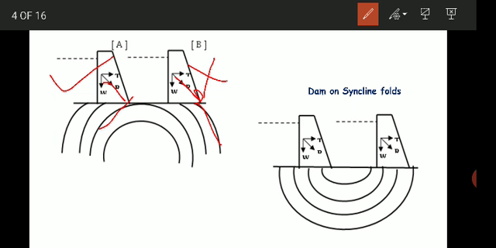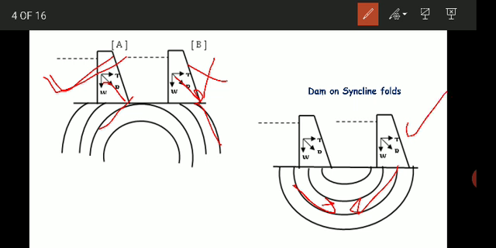Then if you see the dam on syncline fold, a syncline is like a basin. The two limbs of the fold dip towards each other. So if the dam is to be constructed on a syncline structure, it is comparatively safer to rest the dam on the downstream limb. So here it was safe on the upstream limb, here it is safe on the downstream limb.